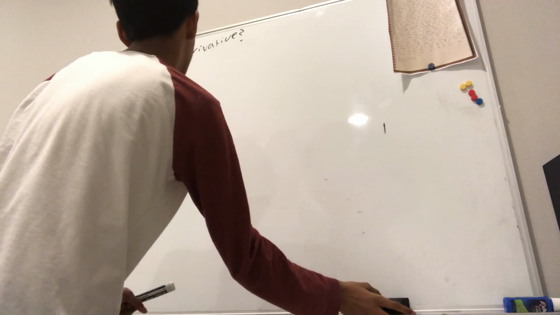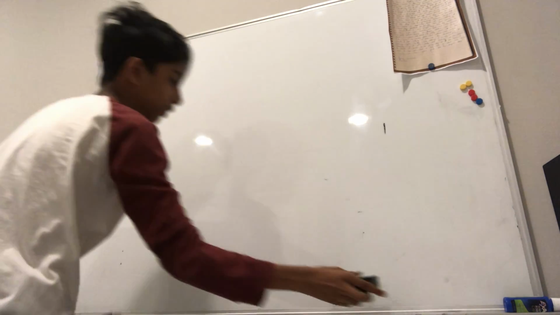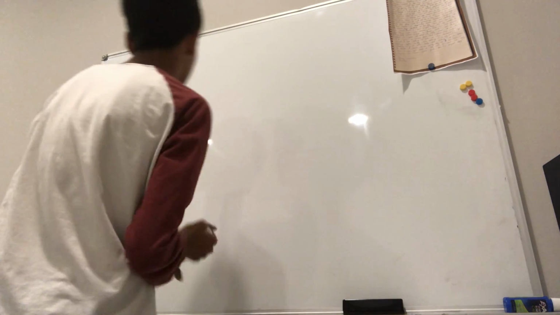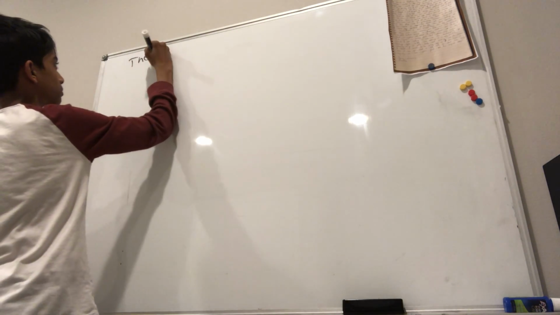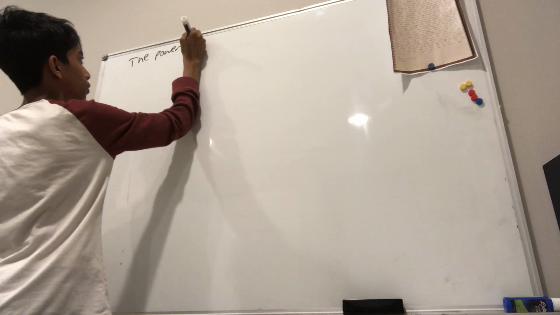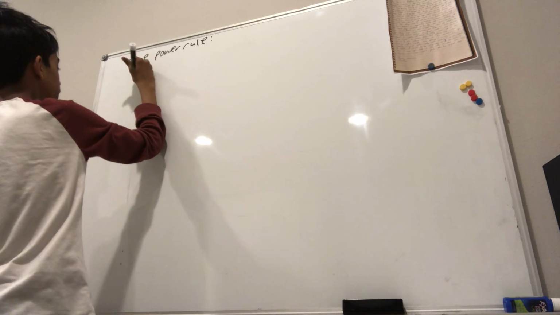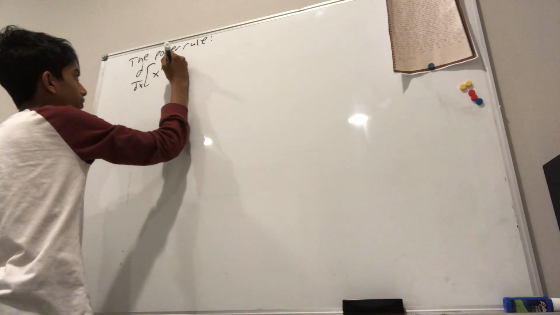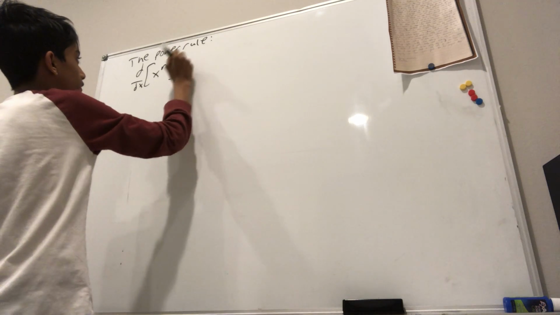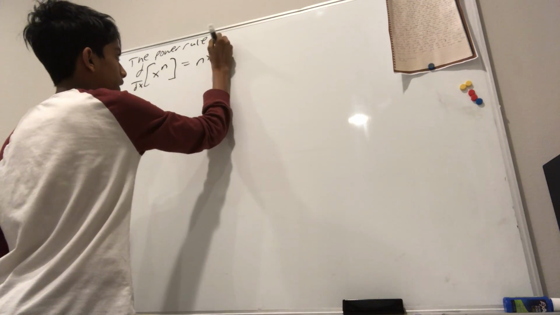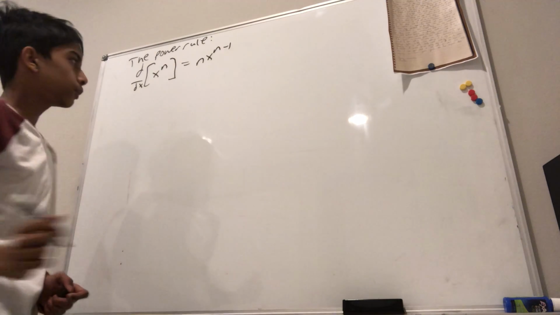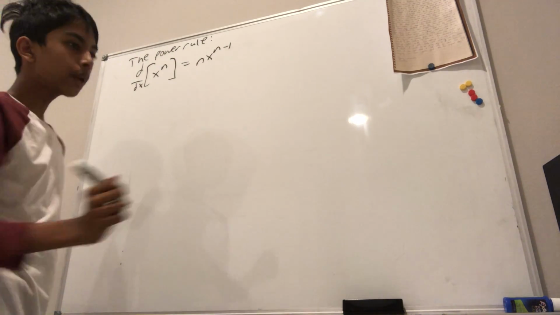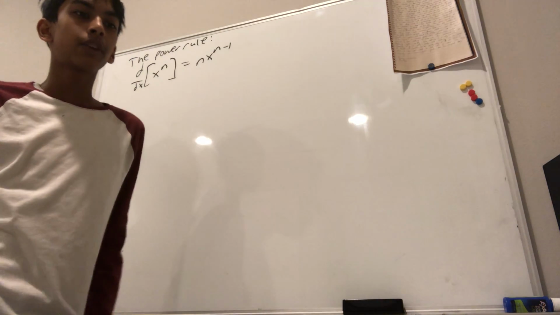The power rule: if you were to take the derivative with respect to x of any given monomial, x to the n, it would just be equal to n times x to the n minus 1. And you can see, when we took the derivative using the definition of the derivative, we found that the rule works for x squared.